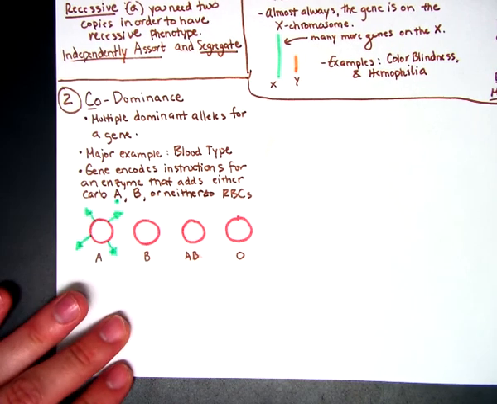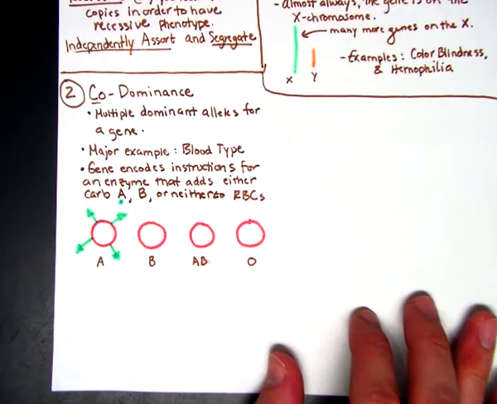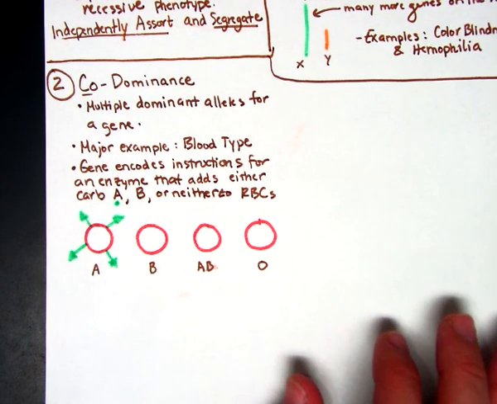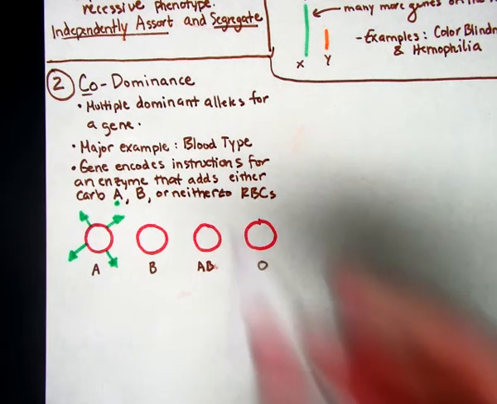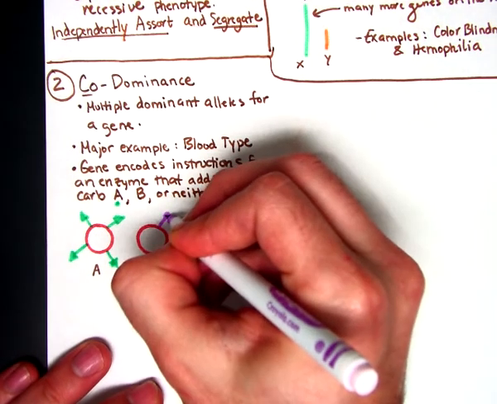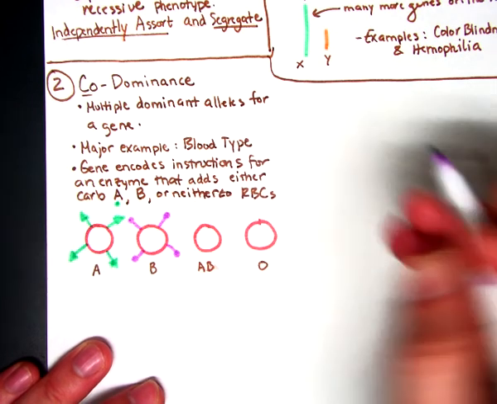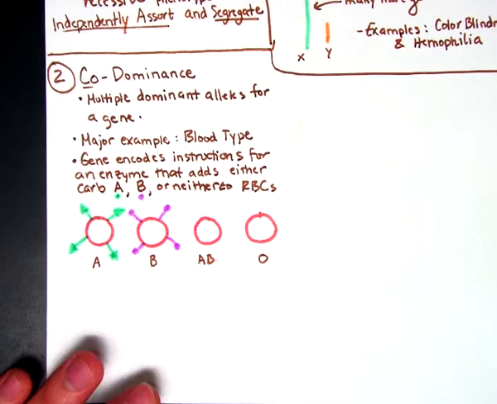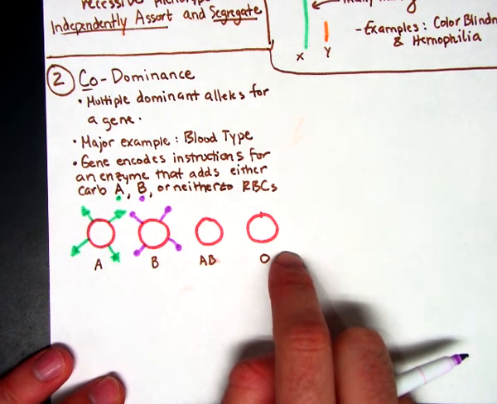In green, that carbohydrate A was added to the red blood cell, and so you have type A blood. For B, it's going to add a different carbohydrate. And type O, it's not going to add either.